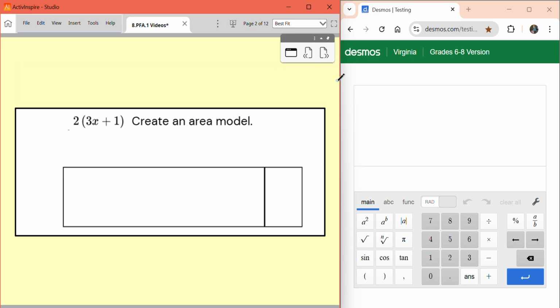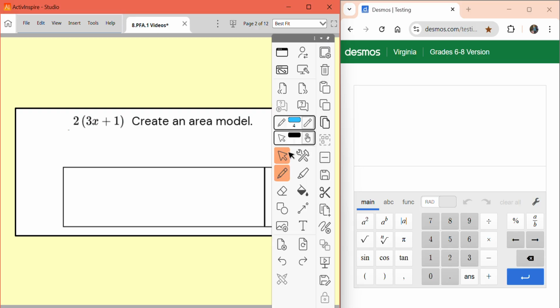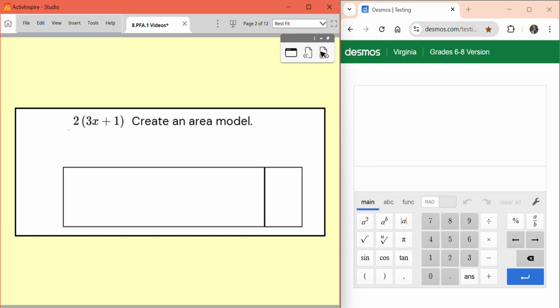Now, there are other ways to show this expression as well, but it's still going to involve making groups. So since the number on the outside of the parentheses is positive 2, we're going to show positive 2 by using 2 of those yellow tiles. So there's my positive 2.